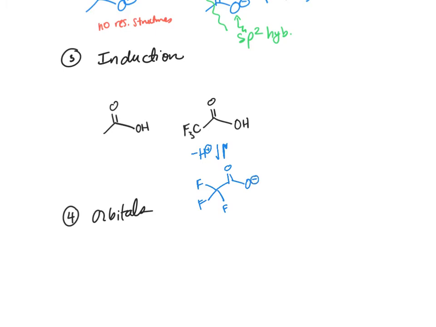So in trifluoroacetic acid, not only do we have the delocalization throughout this pi system, but we also have the inductive effect of these fluorine atoms, which are our most electron withdrawing atom that wants negative charge. So by giving it negative charge, we have stabilized the conjugate base. So trifluoroacetic acid is a stronger acid than acetic acid.